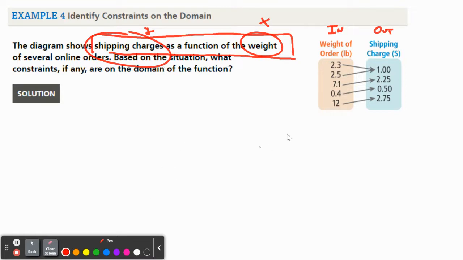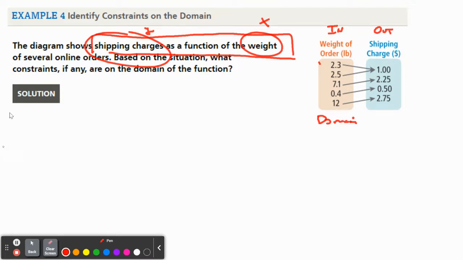Okay. So if you look here, what would be any constraints on this domain? And again, we're looking at the weight. This is going to be where our domain comes from. Well, think about it. If you go to like a UPS or something and you drop off a package to mail, they're going to weigh it. And if you have a package, it's going to weigh some positive amount of weight.